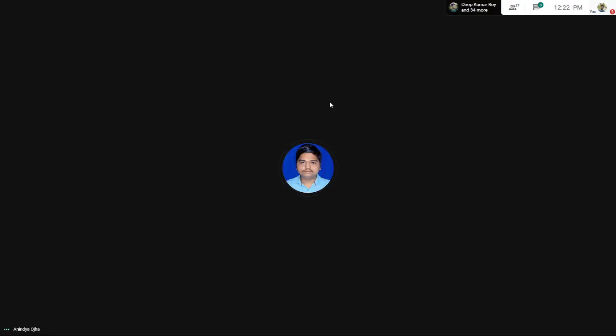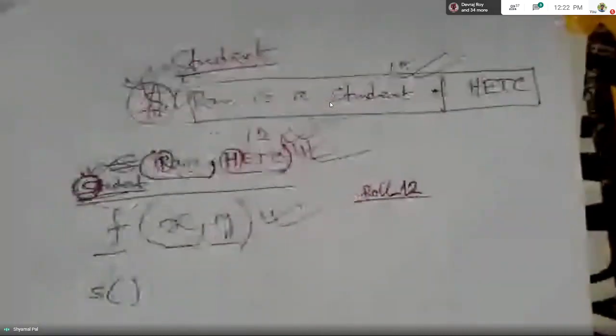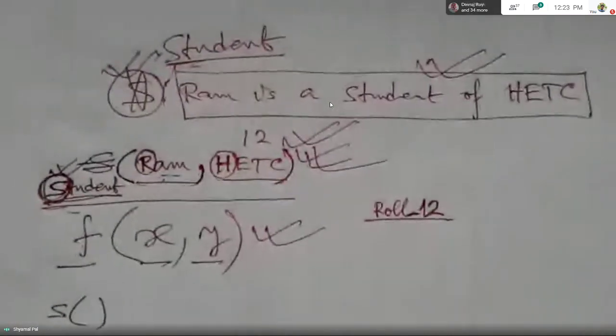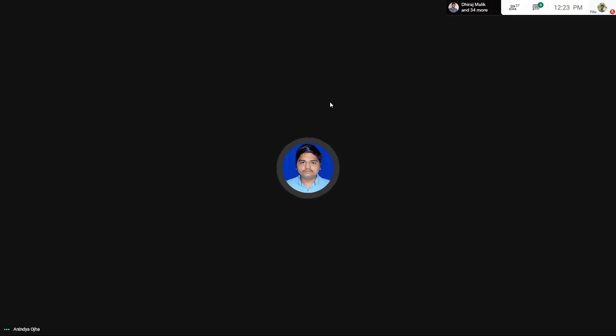Now is it visible? Still not. Sir, don't take the camera too near, you can't focus on the page. Yes, sir, it's visible now.